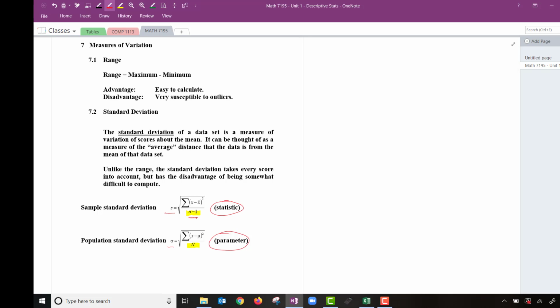We would rather err on the high side when talking about standard deviation. And we'll see why this is as we use the standard deviation as we go along. So now it becomes important that you know whether you're dealing with a sample or a population, because in this case, it's going to matter which formula you choose.